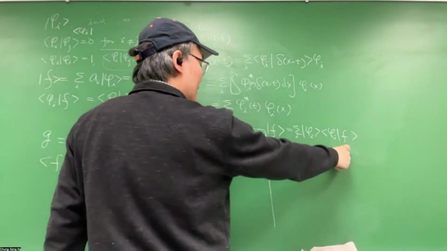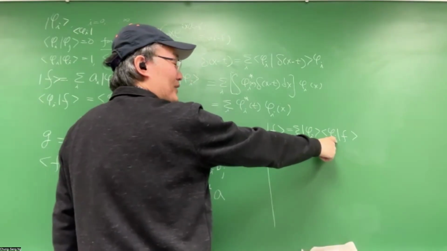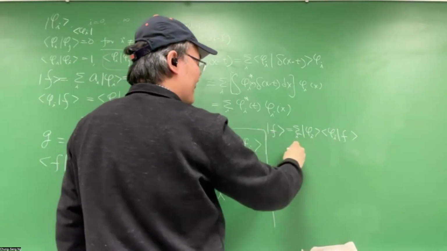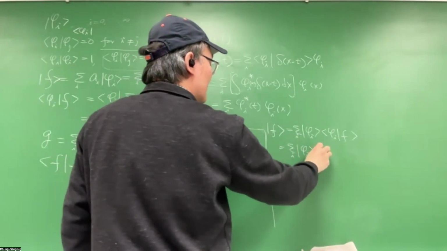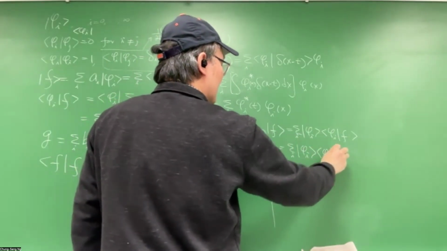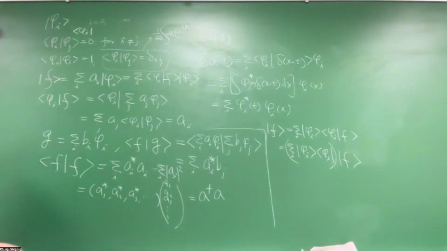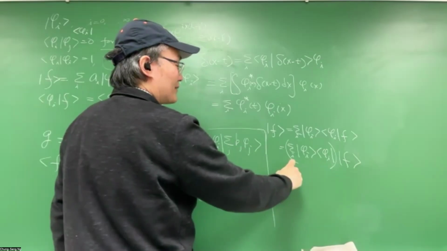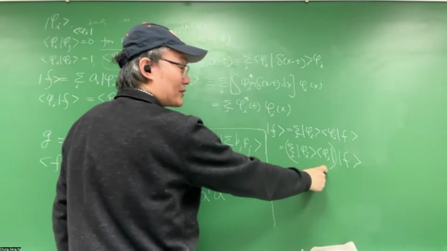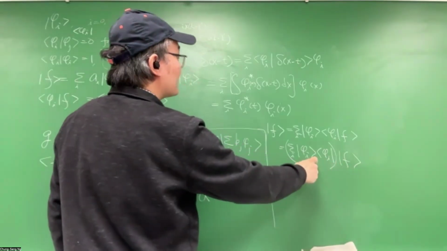And the trick here is now you separate this bra out, and write it as a sum over i of the ket i and bra i, as if this is a separate object multiplied by f.